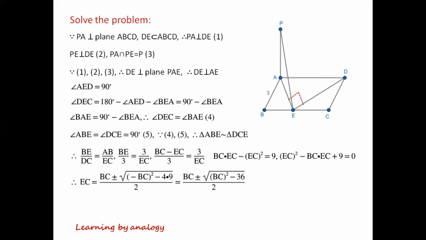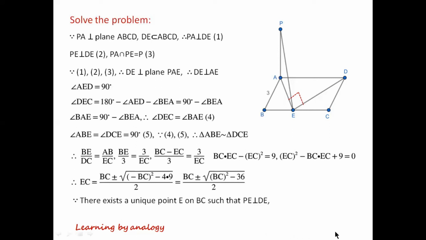So EC equals BC plus or minus the root of BC squared minus 4 times 9, over 2, which equals BC plus or minus the root of BC squared minus 36, over 2.